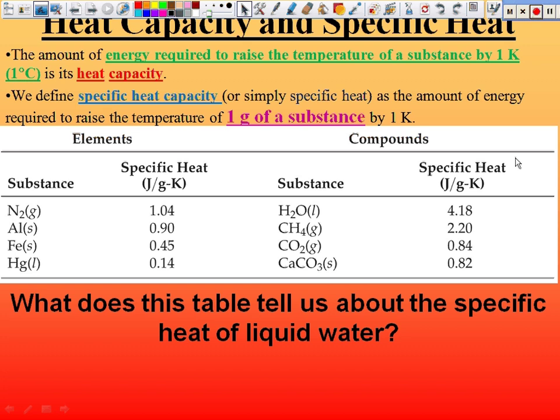It requires the most amount of energy for every 1 gram. Please write that down here.